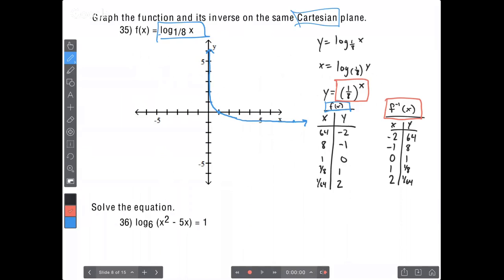Then on the inverse, we can plot -2 up 64, because that doesn't really fit. -1 up 5, 6, 7, 8. 0, 1, 1, 1/8, and 2, 1/64. So that's a function that goes like that.